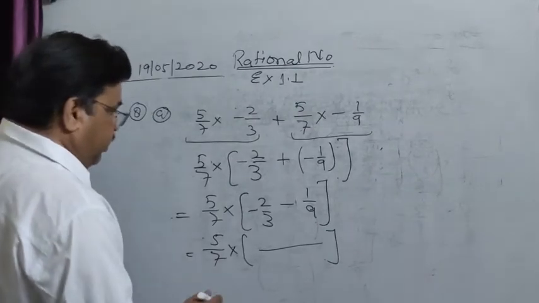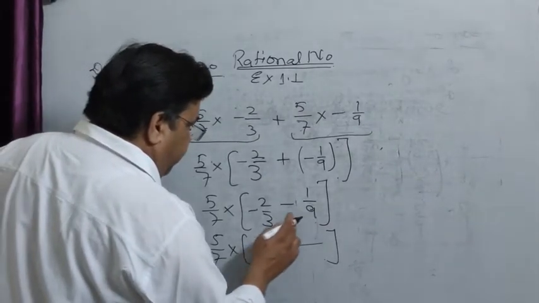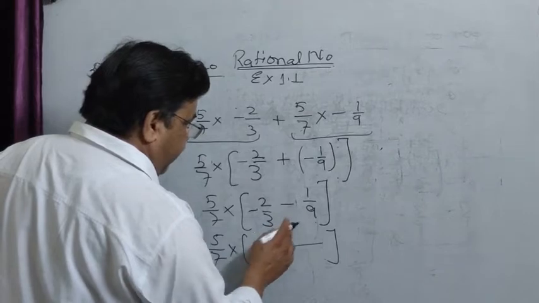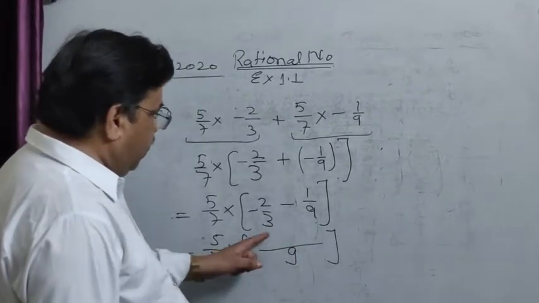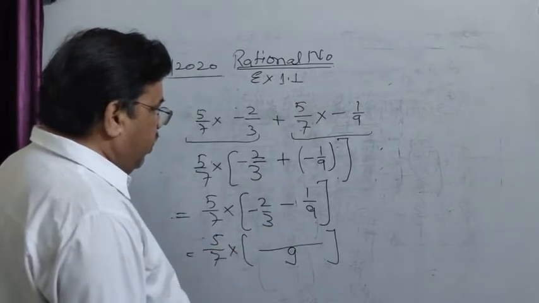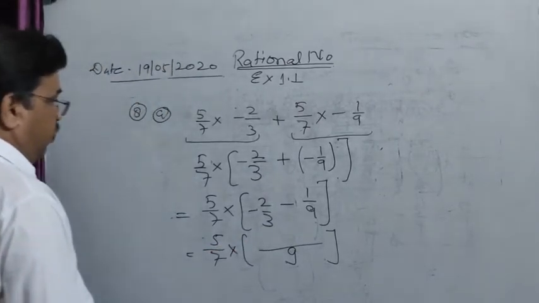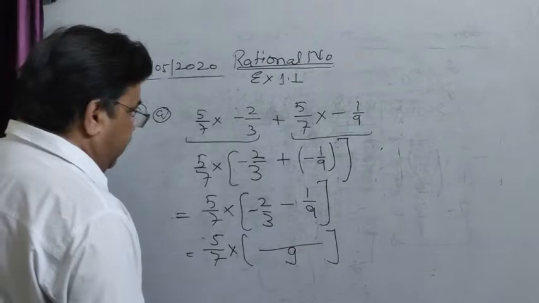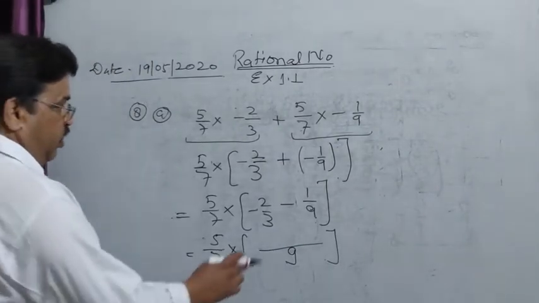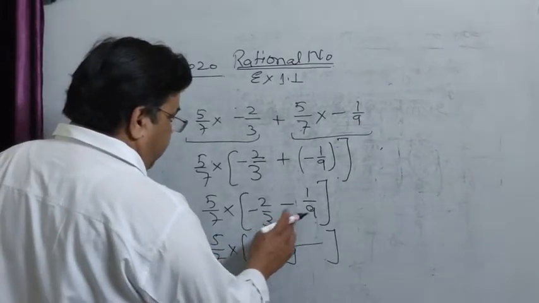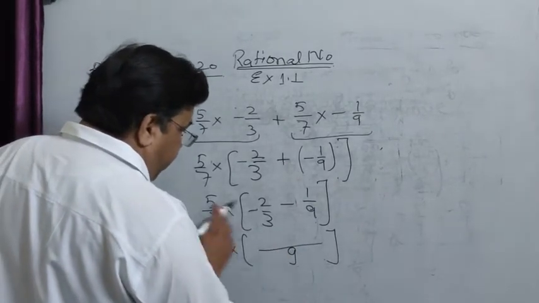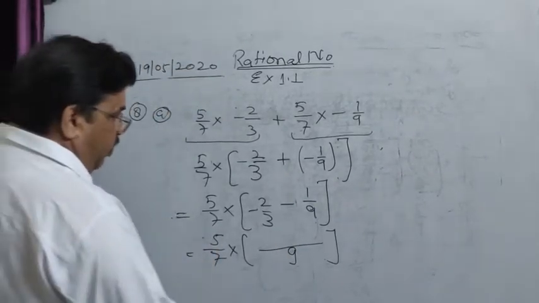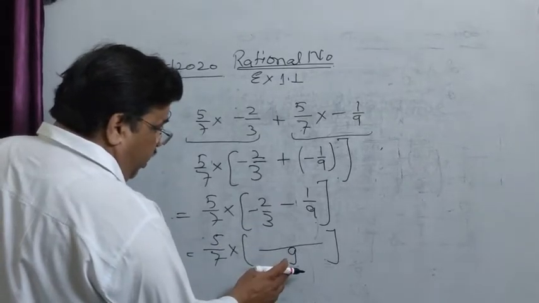operations of the bracket and take the LCM of 3 and 9. You can easily take 9. You know what the LCM of 3 and 9 is, you have read it in the previous classes. So you can take the LCM of these two denominators.